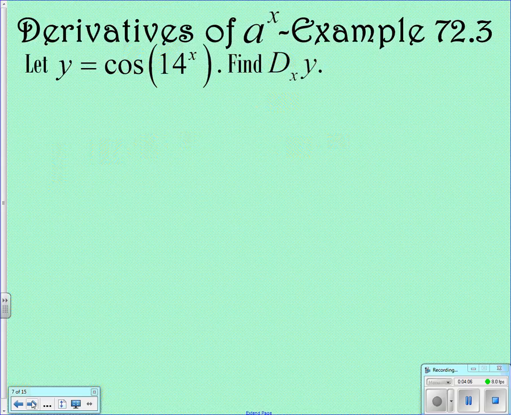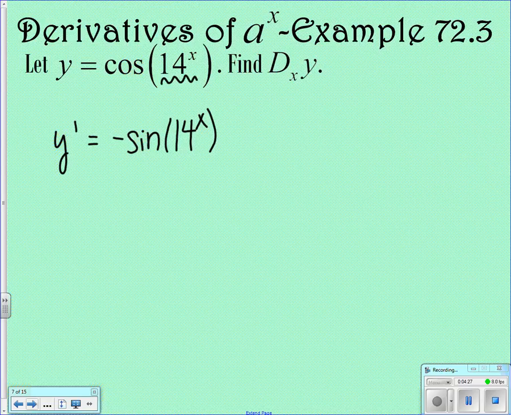Okay, let's look at this one. So this is like a cosine of u. And so we're going to take the derivative. So the derivative of cosine is negative sine 14 to the x. And so we took the derivative of cosine. But now we have to take the derivative of this part that's inside, the 14 to the x.